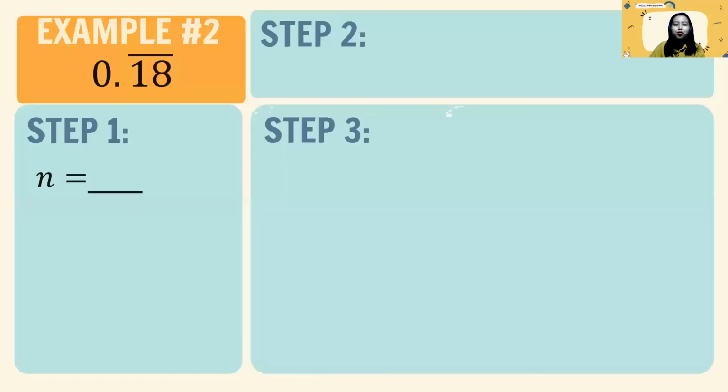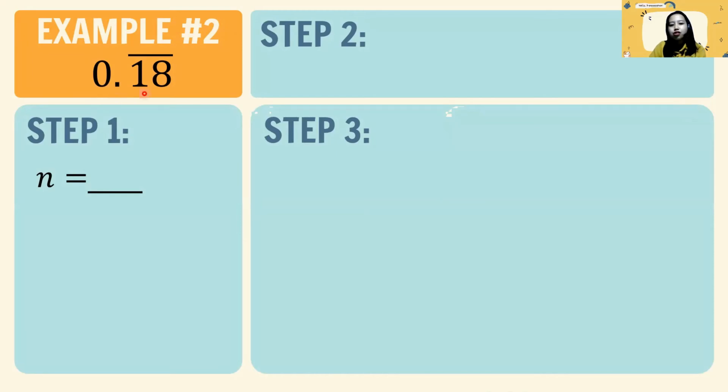Okay, so what if we have here 0.18, with a repeating block here? So for step one, we will identify first the n. So our n will be, okay, very good, it will be 2, because the n signifies the number of digits in the repeating block.